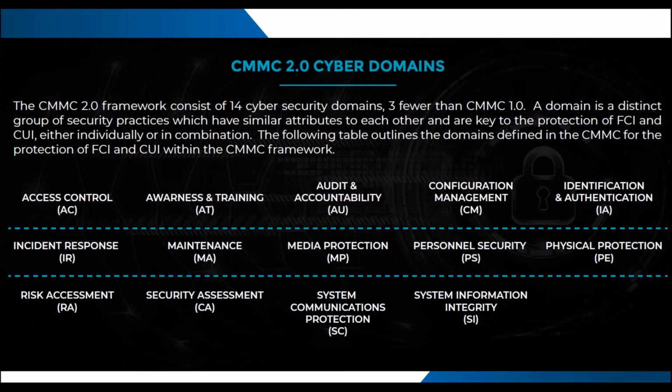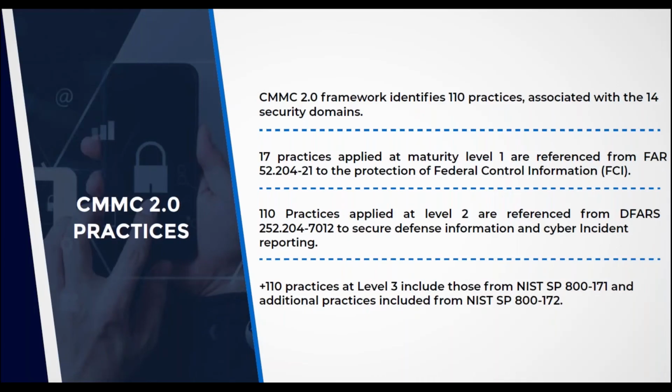So there's access control, awareness and training, audit and accountability, configuration management, identification and authentication, incident response, maintenance, media protection. These are the domains under NIST SP 800 series 171 and 172, depending on which level of CMMC you want to go for.